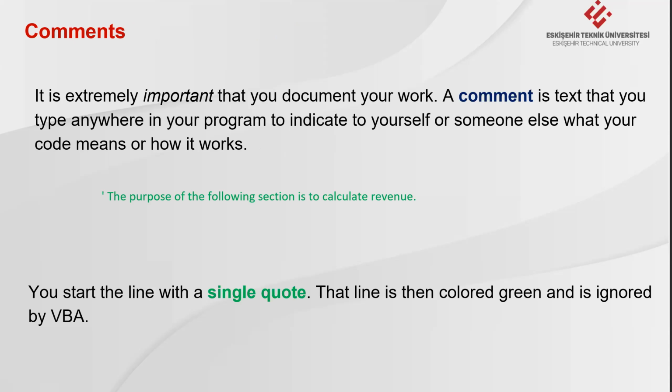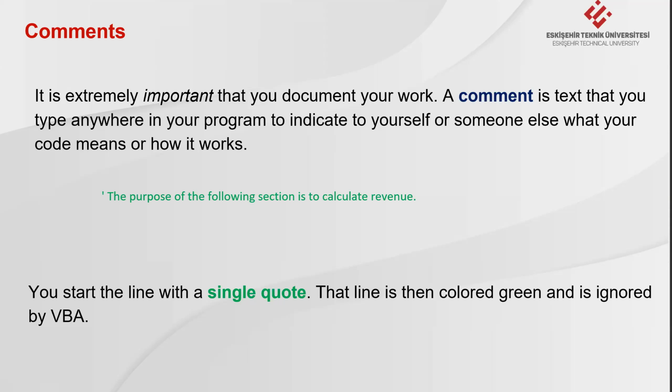Okay. So comments. As you know from all your other classes, again, it is extremely important that you document your work. A comment is text that you type anywhere in your program to indicate to yourself or someone else what your code means or how it works. So it is important in Visual Basic for Applications as well.